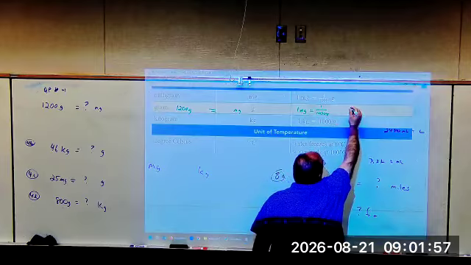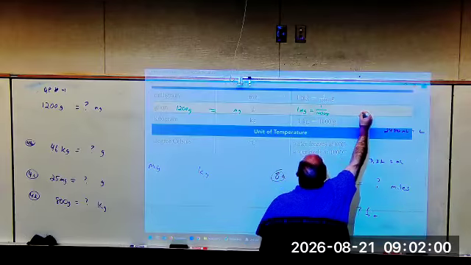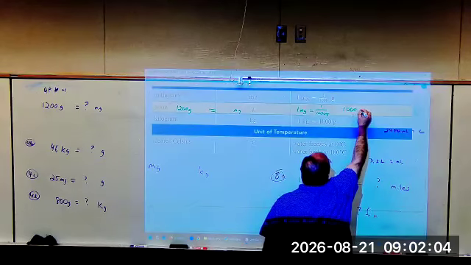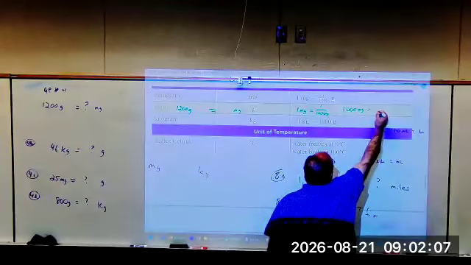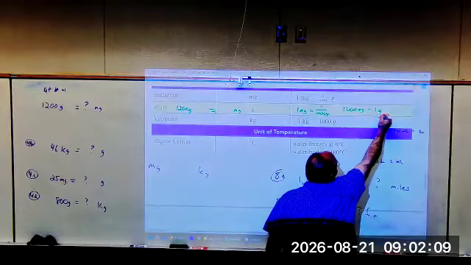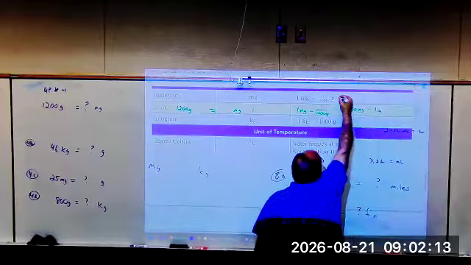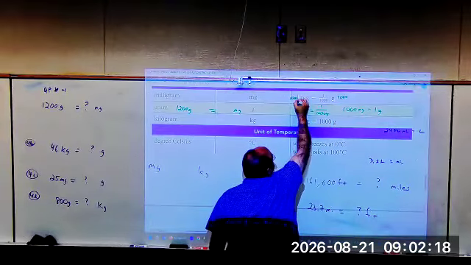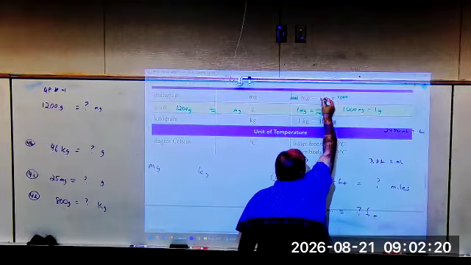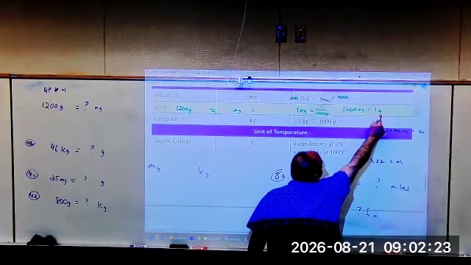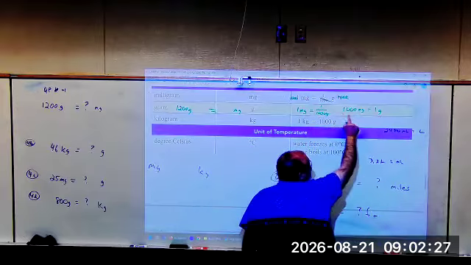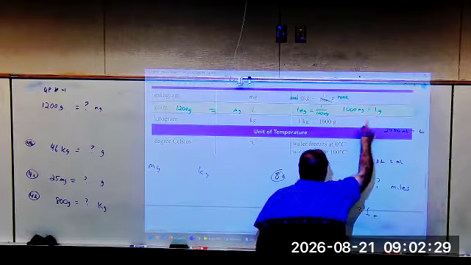If we flip it, 1,000 milligrams equals 1 gram, because you multiply by 1,000. So it's either 1 milligram is 1,000th of a gram, or 1,000 milligrams is equal to 1 gram.